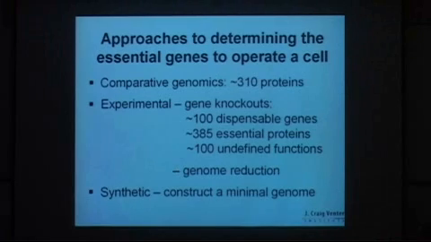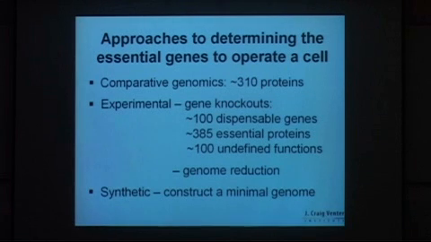So we spent a number of years trying to get an approximation to what is the minimal set of genes out of the 500 naturally occurring genes. And several approaches have been used that I'll just summarize in this one slide.